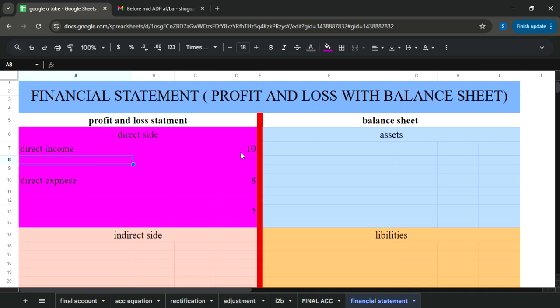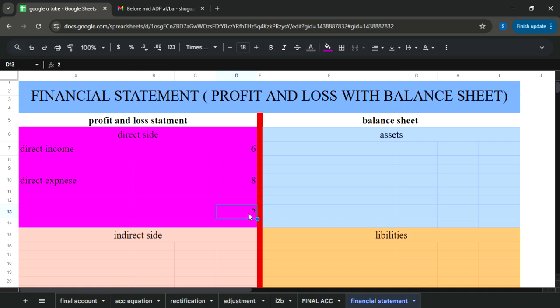The difference of this income and expense would be your profit or loss. Like we have given an example where expenses are less and income is more, it means it's your profit. On the other hand, if your income is 6 while your expense is 8, that shows it's your loss. So here you can mention 2 rupees as your loss.